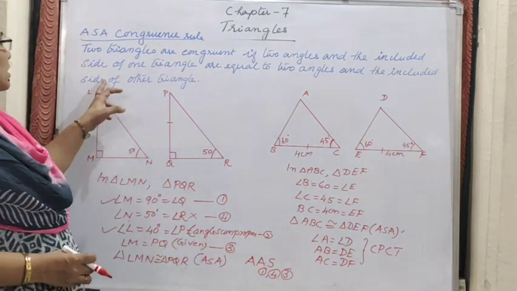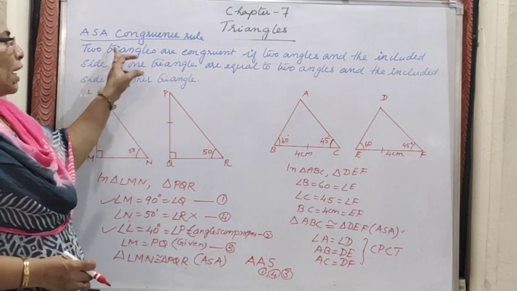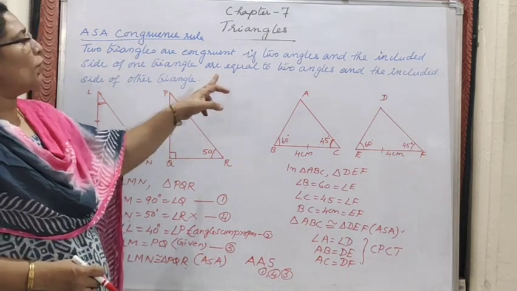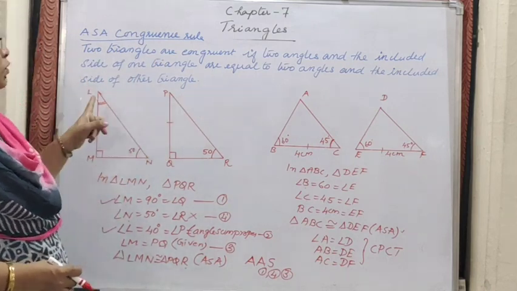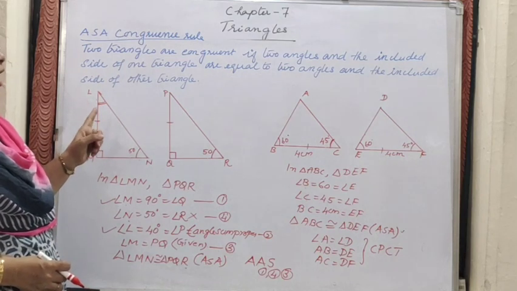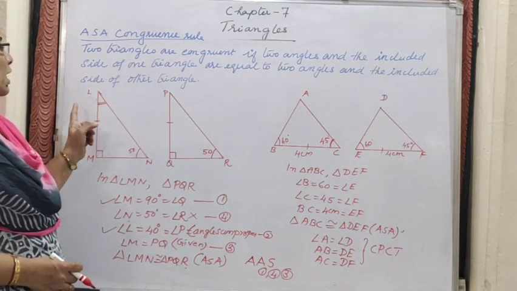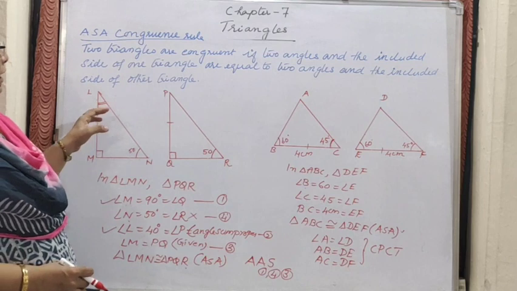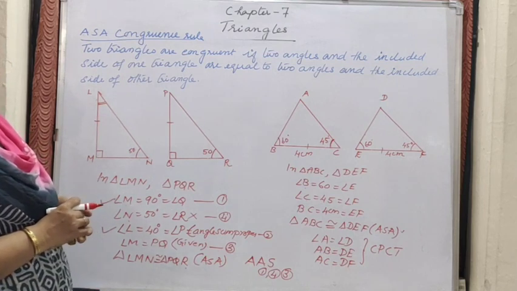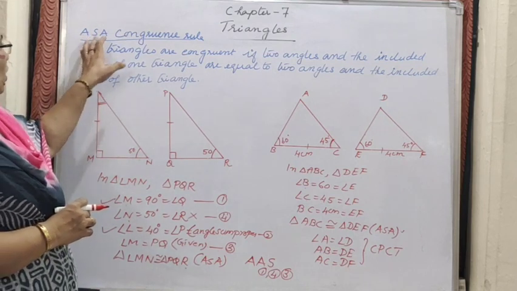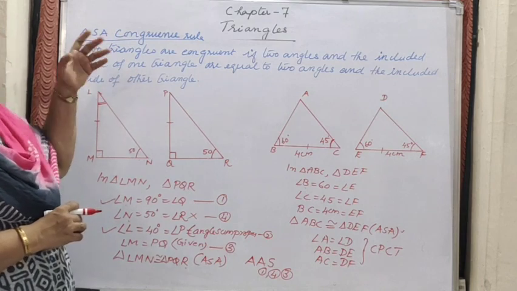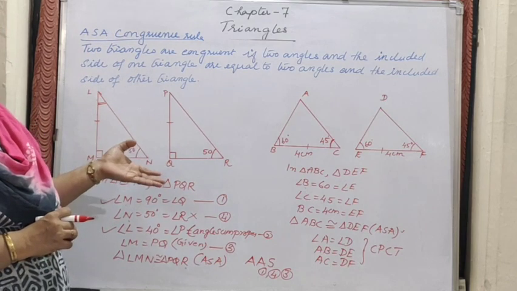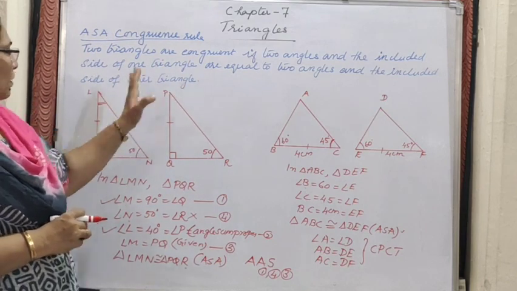So I repeat the statement. What is the statement? Two triangles are congruent if two angles and the included side of one triangle are equal to two angles and the included side of the other triangle, then the triangles are congruent. So this is called the ASA congruence rule. And when it is asked to state the ASA congruence rule, you should write the word included.